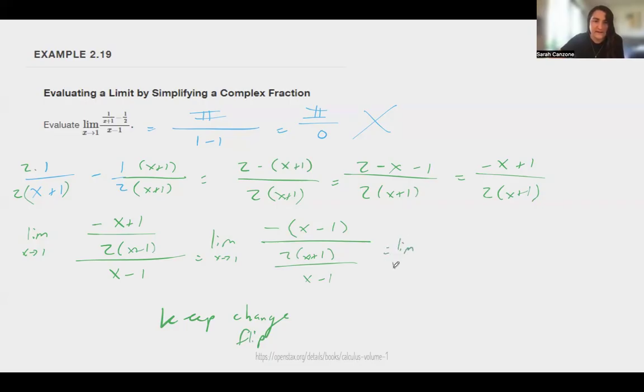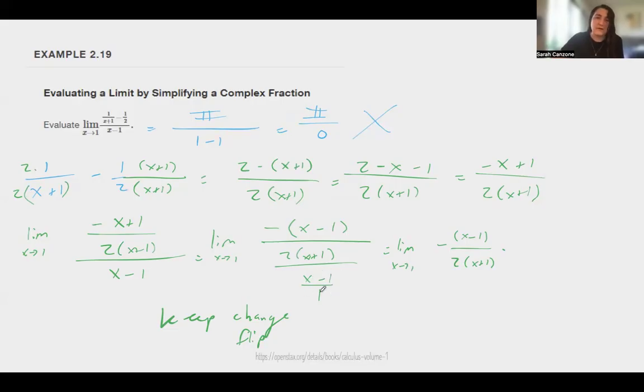So we'll have the limit as x approaches 1 of, well, the numerator is the minus x minus 1 over 2 times x plus 1. We're going to change the division to multiplication, and we're going to flip the denominator. Now, it's important to note the denominator is just x minus 1. So you can write the denominator over 1. And that sometimes helps a little bit because now we have a fraction over a fraction, and that's a little bit easier to think about flipping, right?